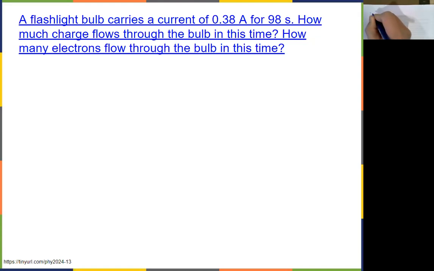So I is equal to 0.38 amps, and delta T is 98 seconds.